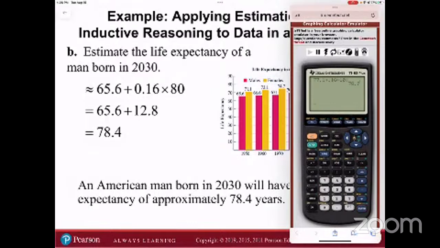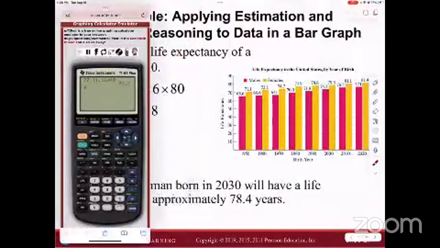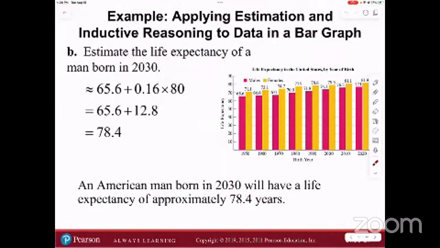And it's off because, again, these are approximations. It doesn't increase exactly by 0.16 every 10 years, but it's approximately that much every 10 years. But the way we calculated it before, we weren't accounting for it being 10 years later. An American man born in 2030 will have a life expectancy of approximately 78.4 years, right? Okay, that's fine.